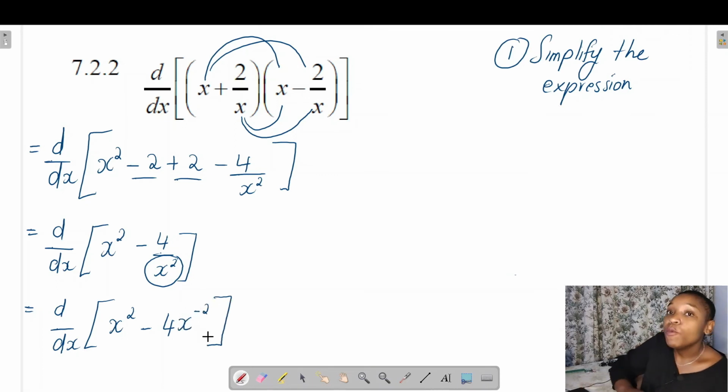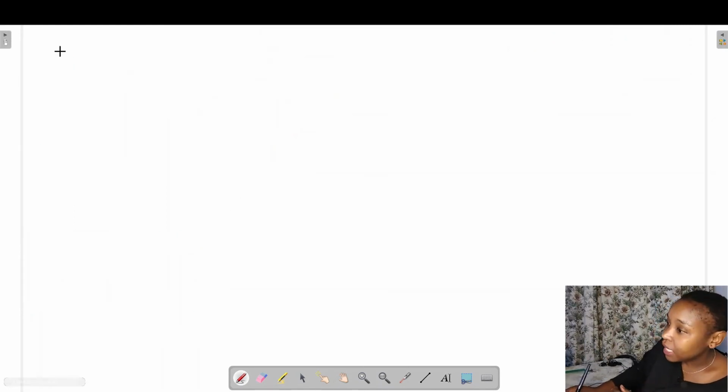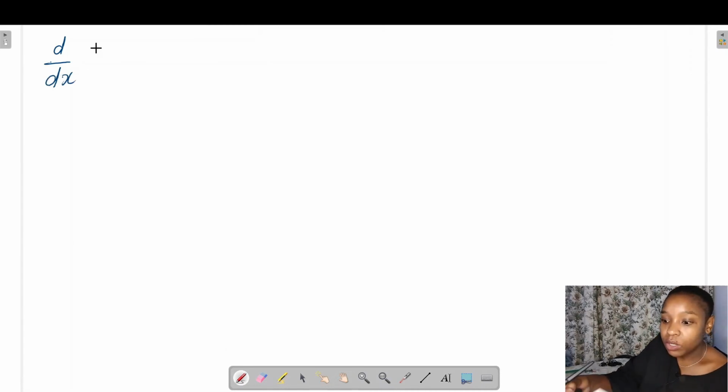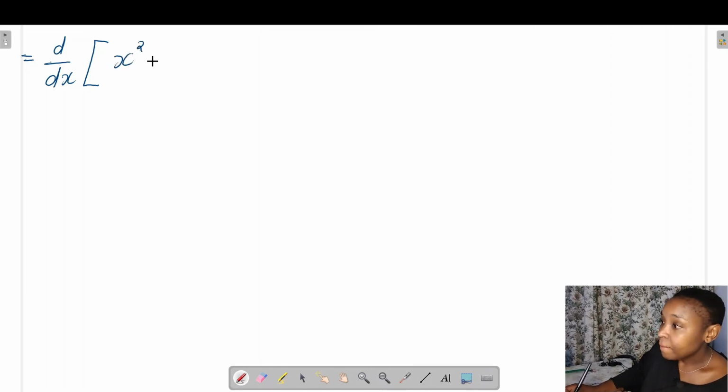From here, we see that we have basically simplified this expression. Once we've simplified the expression, then we need to apply our rules of differentiation. I'm just going to rewrite that d over dx here so that you see what is happening. We said that it is equal to x squared plus 4 x to the power -2.